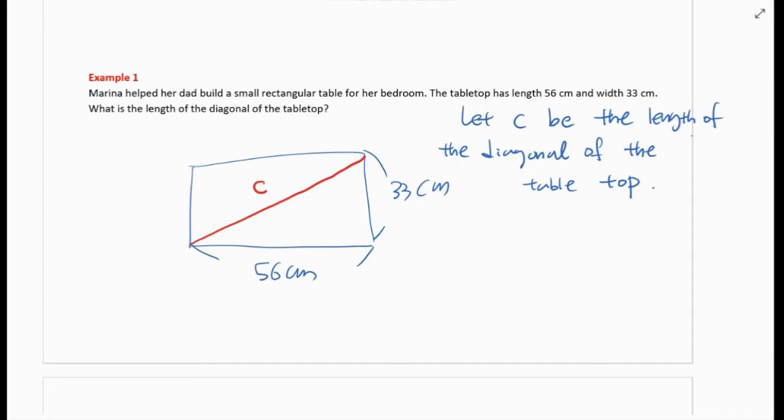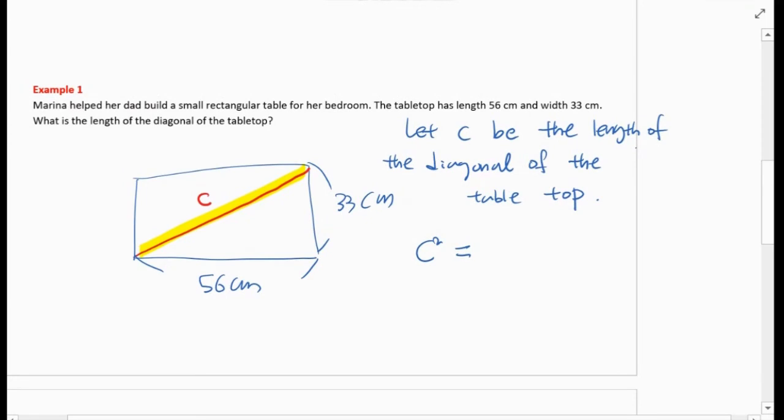Alright, let's do it together, everyone. Since C is the diagonal, since C is the hypotenuse, we're going to isolate it. Remember, the hypotenuse should always be isolated. C squared is 33 squared plus 56 squared. Okay?